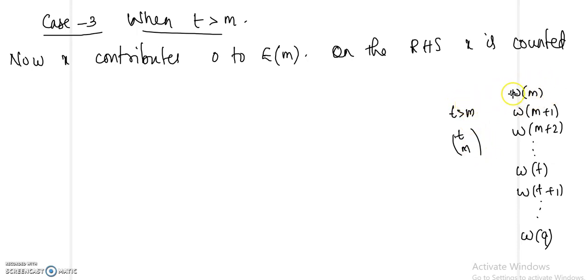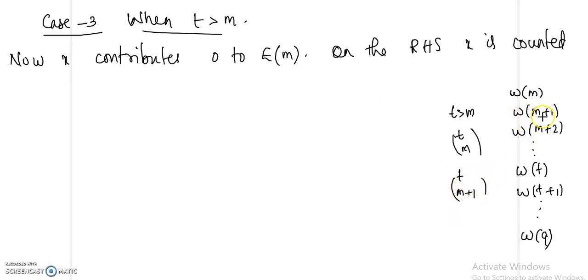So x will be counted tCm times in omega of m. Now when we take omega of m plus 1, we are taking all the possible m plus 1 combinations. So you are counting the elements which possess m plus 1 properties at a time, and we take the sum of all of them. So from t you can choose m plus 1 elements at a time, and x satisfies all those properties.